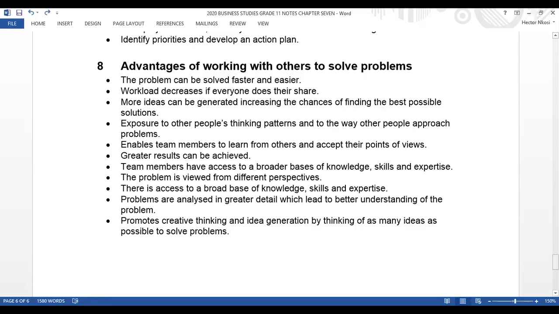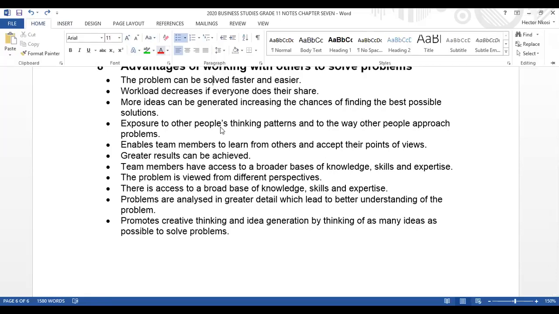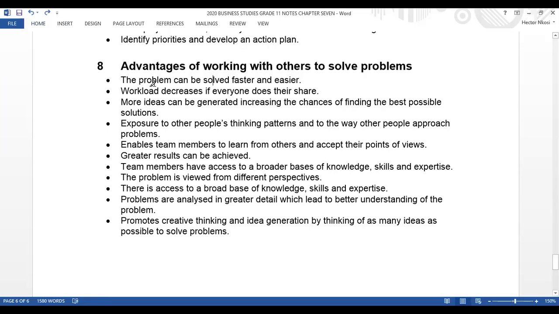All right. Now, grade 11s. Let's look at these advantages. Okay, I need my highlighter before that. Okay, got my highlighter. So, the problem can be solved faster and easier. We know that the more, the merrier. Isn't it?